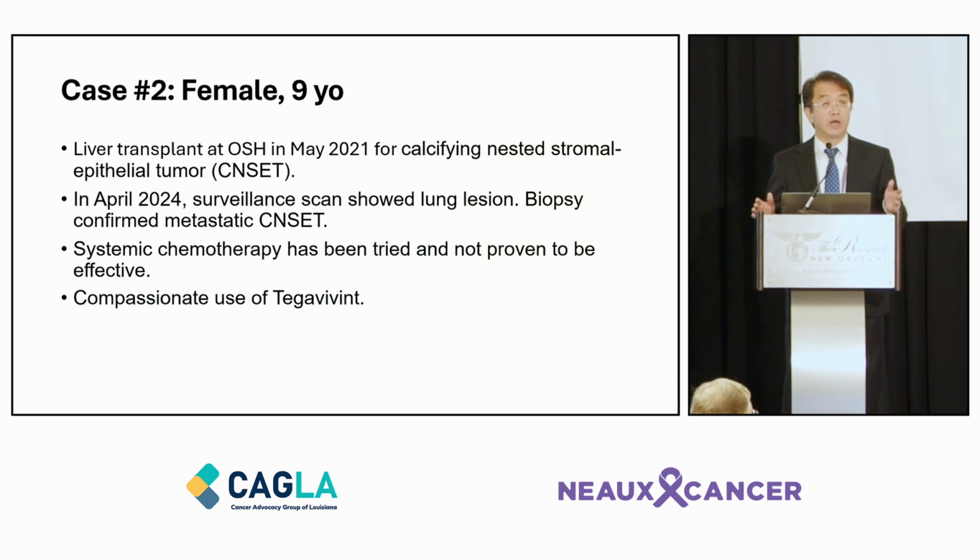Ever since then, 6 months, symptom-free, no significant side effect, and the disease is stable. Okay, it's not significantly improving, but at least stable. So the plan is to treat the patient with this drug, see what's going on, since we don't have much better options. All right, so those are the 2 cases I have for today.